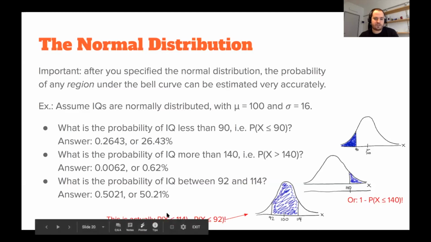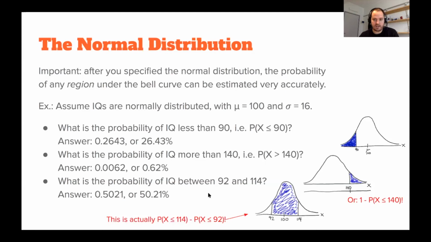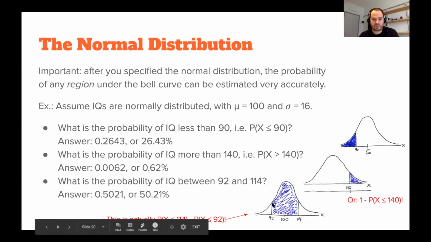And here is exactly the same. Again, it's always based on cumulative distributions, because we can't just compute whatever we want directly. You have to first compute the cumulative and then derive that. In this case, if you think about it, it's smart. You just take the cumulative distribution up to 114, which is from the beginning until 114, and then you subtract the cumulative distribution up to 92, which is this region here.